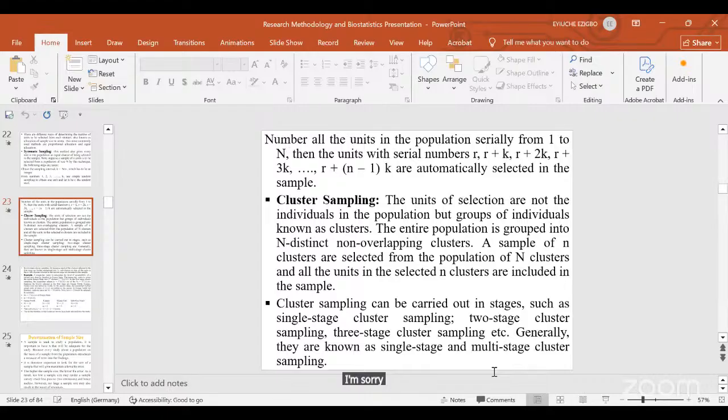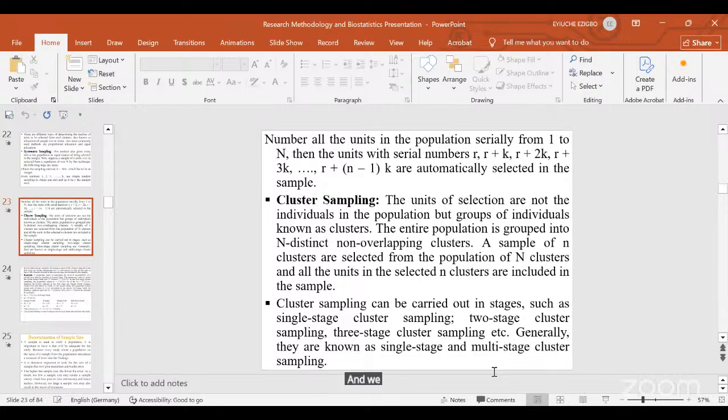Now, the third one is what we call the quota sampling technique. And what is quota sampling? It is just from its name, quota. You are studying a population and you have decided that this set of people, it is their time to be used.